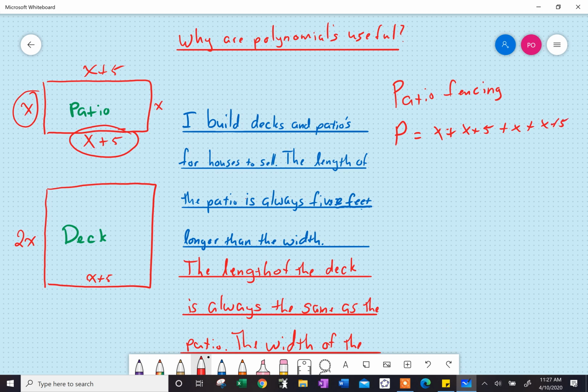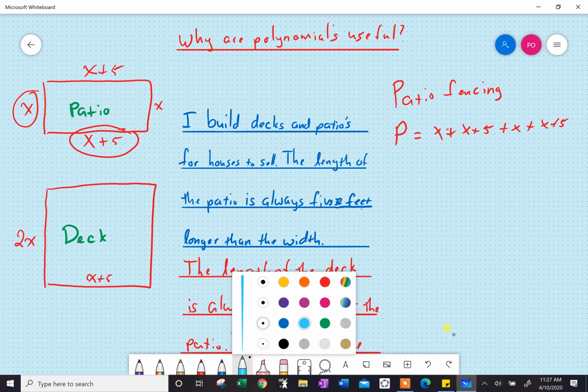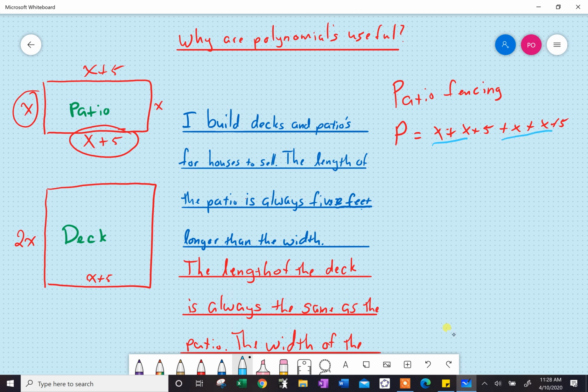Now I can combine like terms. I can add up all of my x's, and I get my perimeter is going to be 4x, and then I add up all my constants, plus 10. So that's the patio fencing.